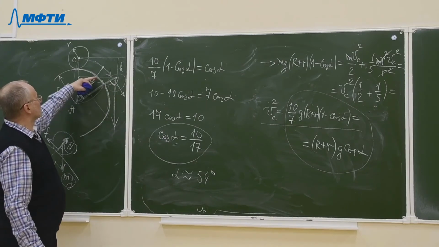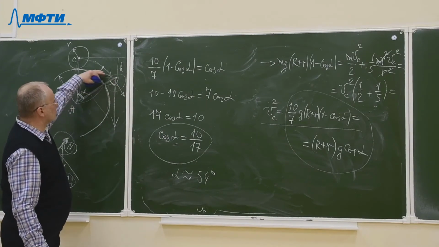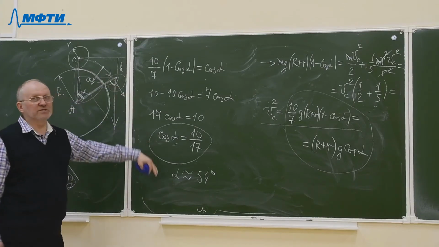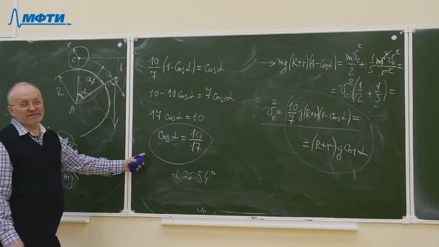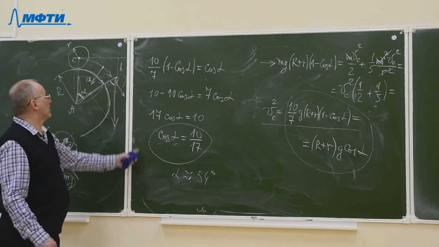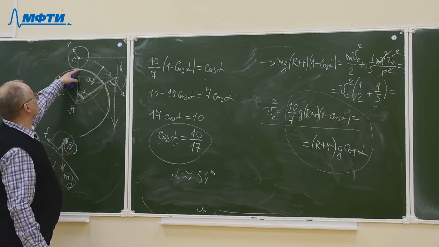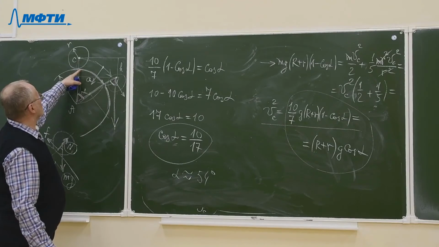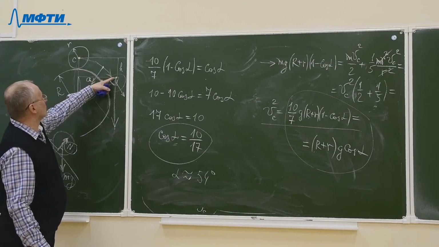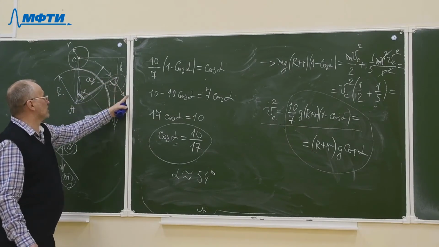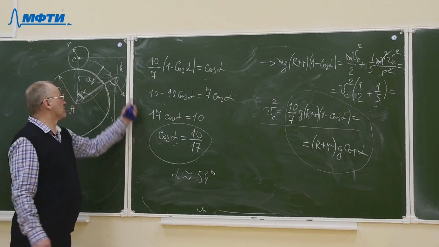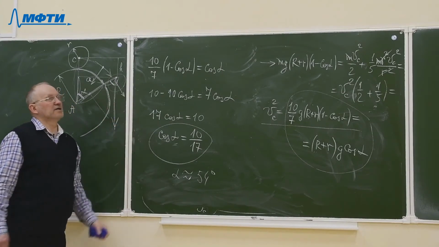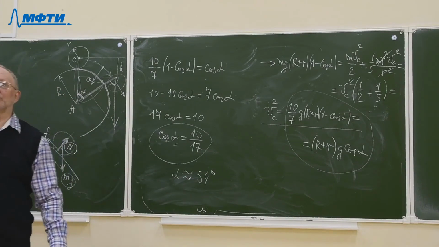And the small sphere will jump into the air and fly as a body thrown at an angle to the horizon, freely, on a parabolic trajectory. Before that, the small sphere moved along the circular trajectory, and then the circular trajectory will go into a parabolic trajectory because there will be no connection with this cylindrical surface.